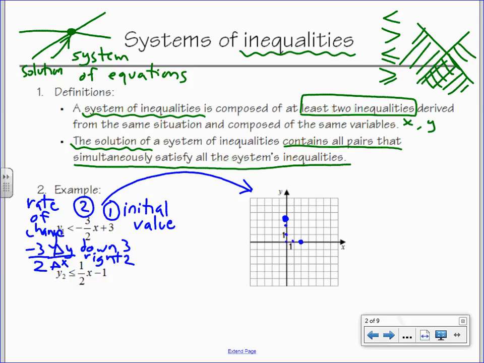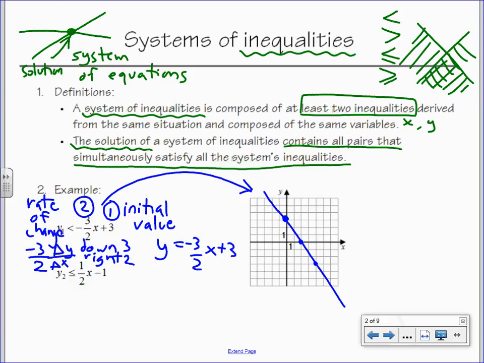That's going to give me another point. I do it again. I'm showing the dots in the middle, but really you should erase them because we don't want to see the points in the middle. I'm just showing you how I'm getting there. And then you take your ruler and you're able to graph your line. That's when y is equal to minus 3x over 2 plus 3.